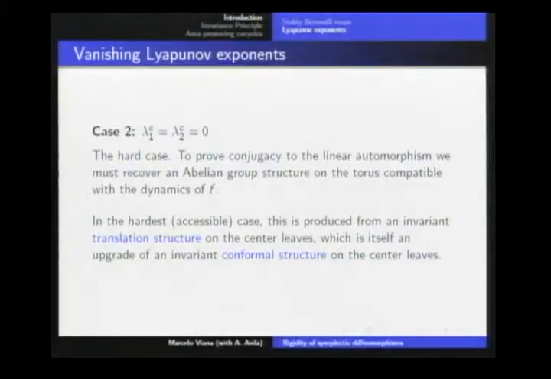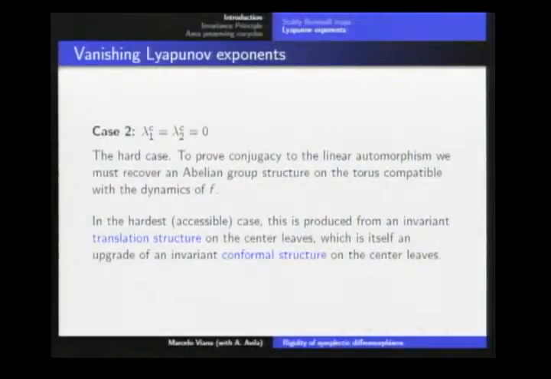So the way to get this, just an outline, a sort of table of contents of what I'm going to detail next, is that we are going to produce a translation structure on the center leaves of this map. The translation structure, well, let me go to the end of the paragraph and then I explain. As part of obtaining this translation structure, an intermediate step is to obtain a conformal structure on the center leaves.